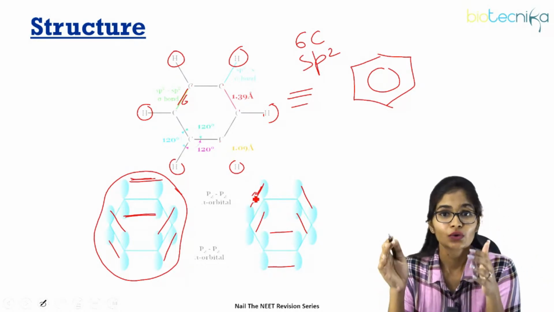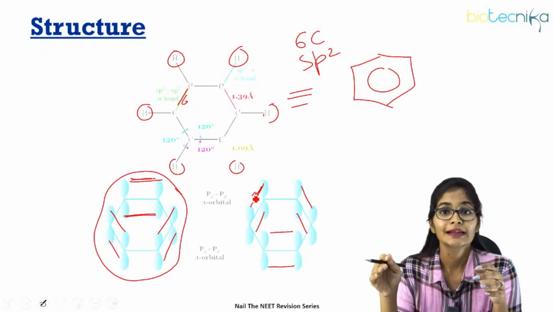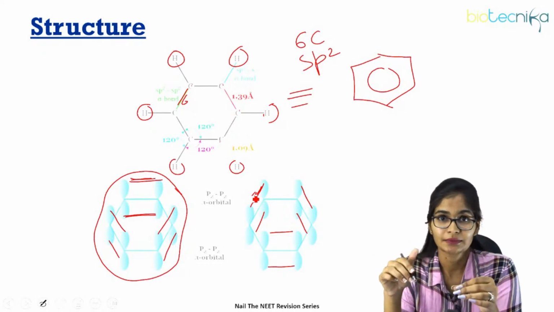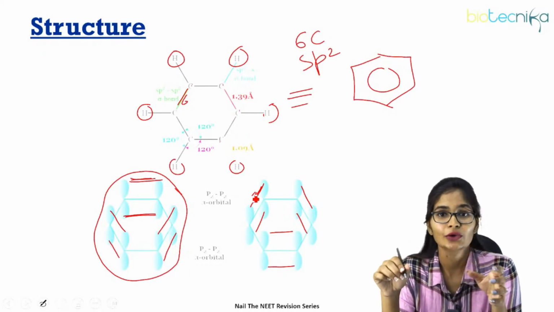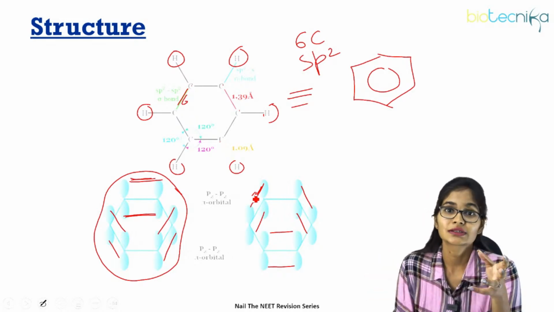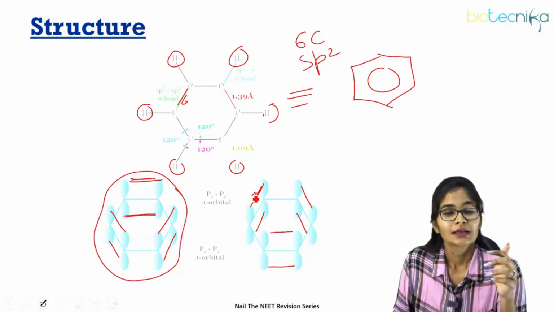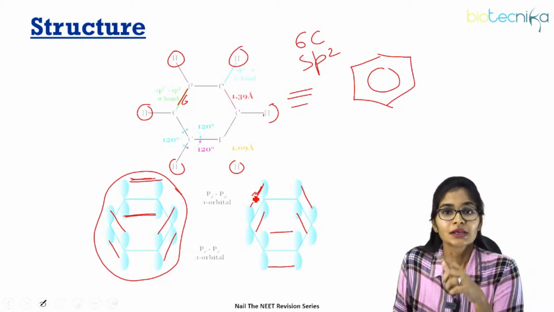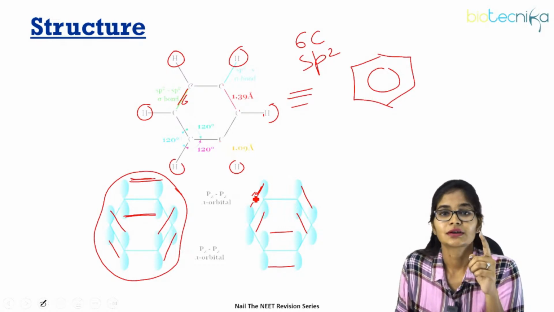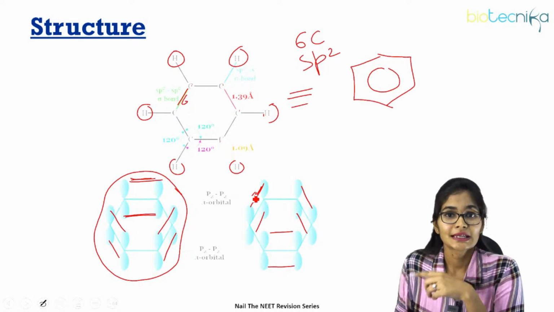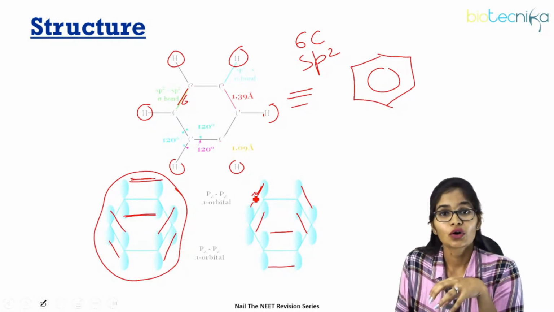The thing you are going to concentrate on is the electron distribution inside the ring, that is important. That's why Kekulé has derived two structures, or the resonance hybrid overall. That's why the resonance concept has come. And because of this resonance, benzene is stable compared to all molecules.